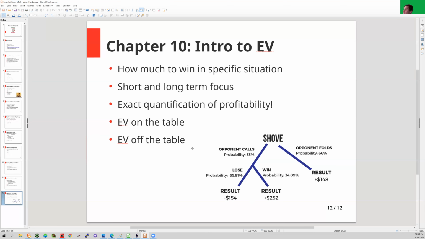So as a precursor to what we'll discuss more about EV in the future, it's about thinking in trees in your head: there's a fold, and there's a call and I win, and a call and I lose. That's what EV is. You add it all up and you get your EV, which we'll cover more in the future as the book gets more into it.